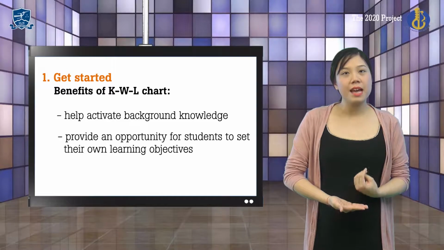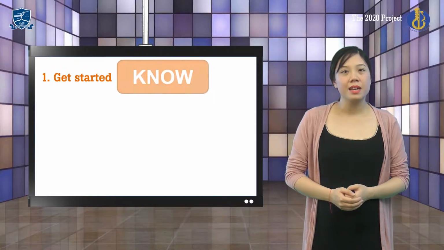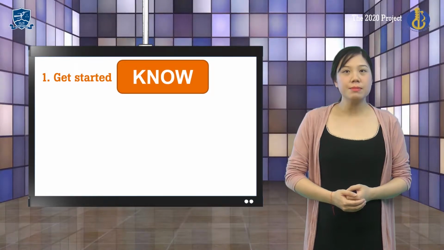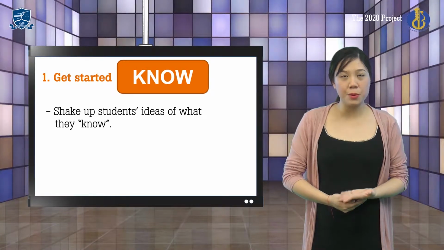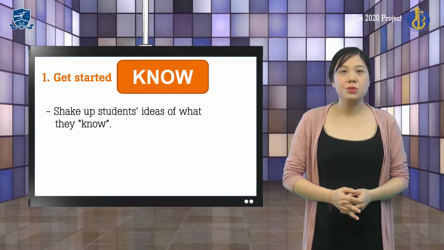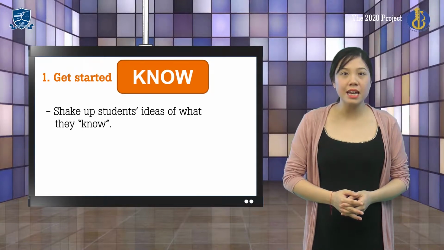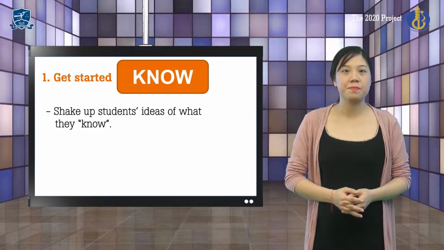And 3. It helps students to be active thinkers. Know. Shake up students' ideas of what they know. Descriptions, events, and role-playing predictions are 2 ways to arouse curiosity and start student thinking about the learning ahead.